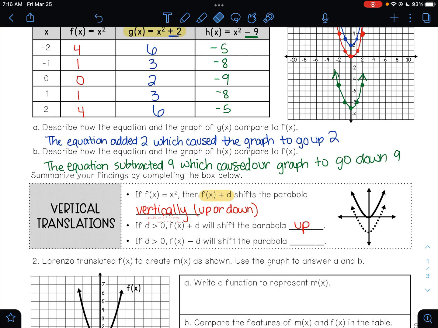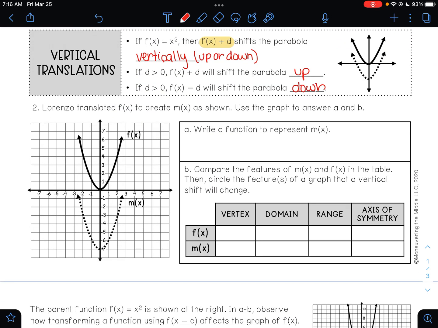And f of x minus d will shift the parabola down. So that was like our last example, h of x. Okay, so if you see f of x plus d, it's going up. If you see f of x minus d, it is going down. So Lorenzo translated f of x to create m of x.